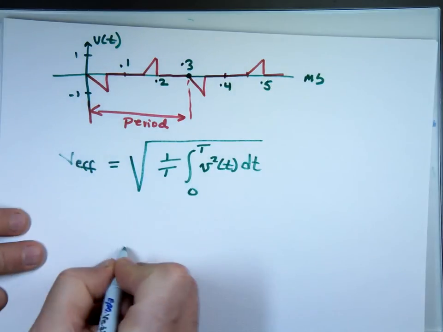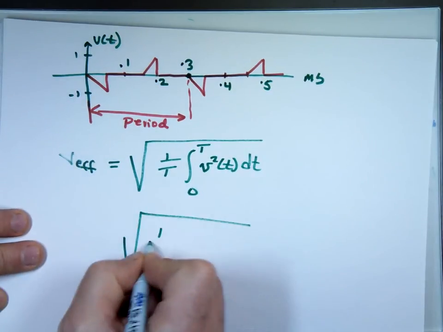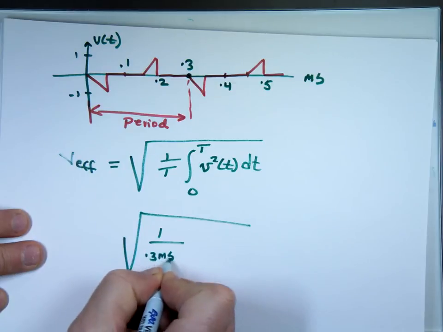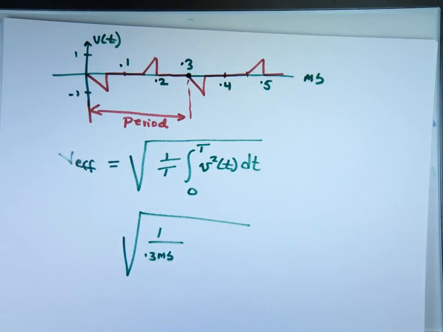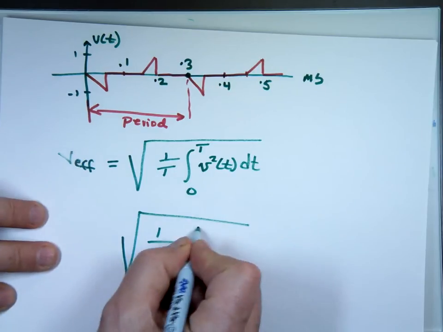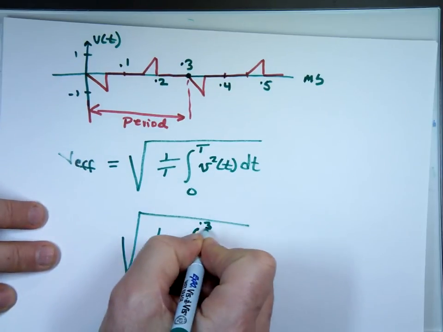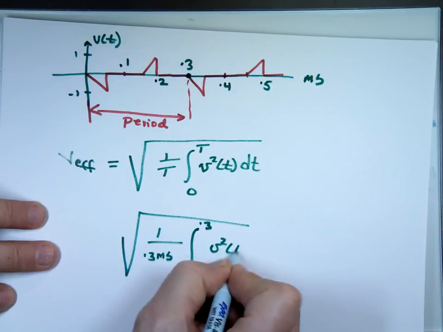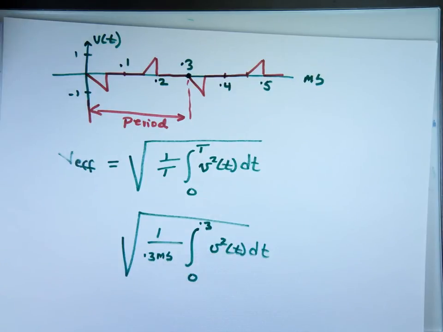So this is 1 over 0.3 millisecond, the integral from 0 to 0.3 of the voltage squared dt. One divided by 0.3 e to the negative 3. 3333 and some change.